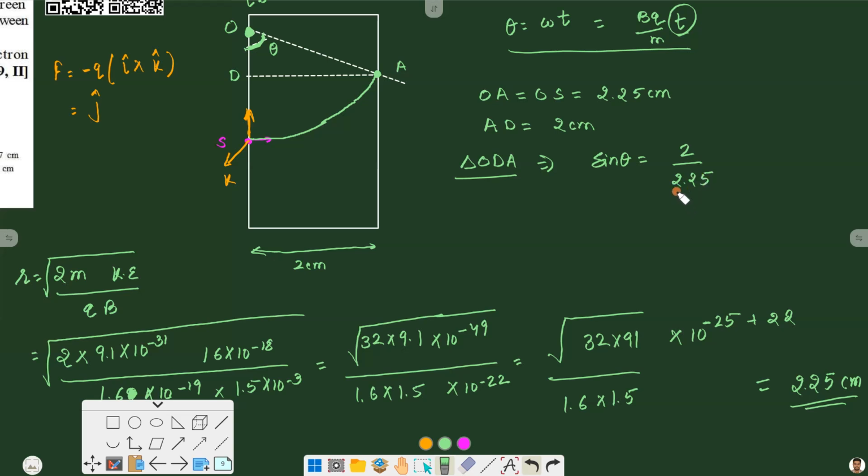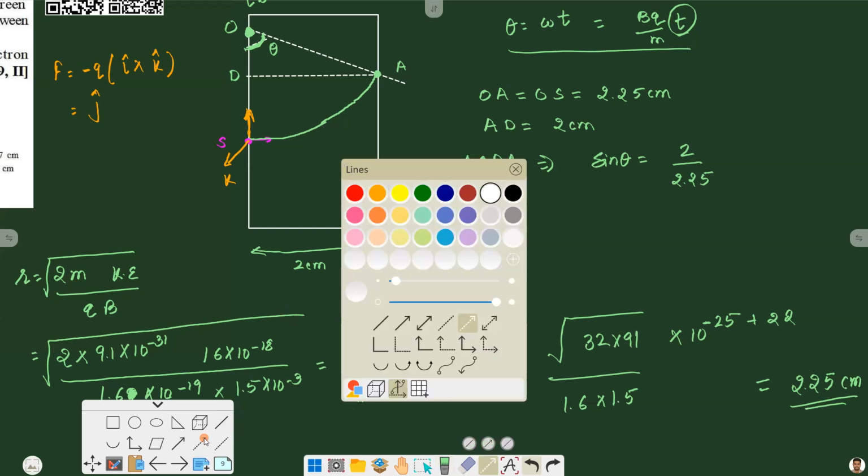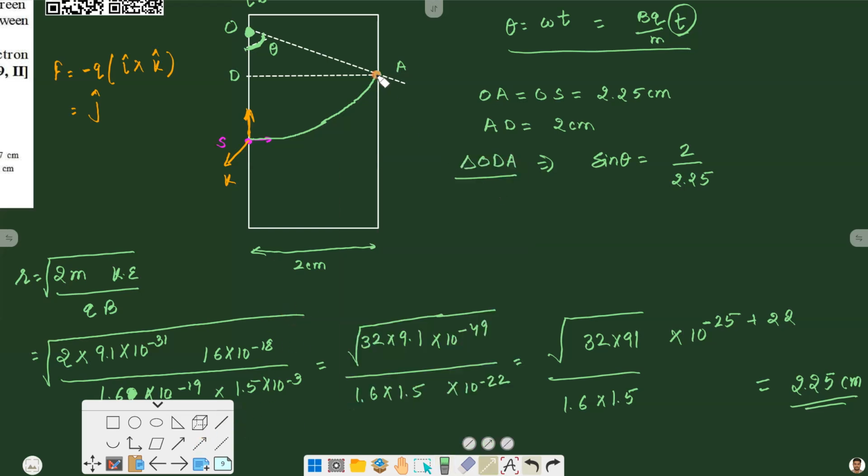Now, as we have the value of sine theta here, when the particle emerges from point A, it will go something like this. Particle will emerge from point A with this type of motion.